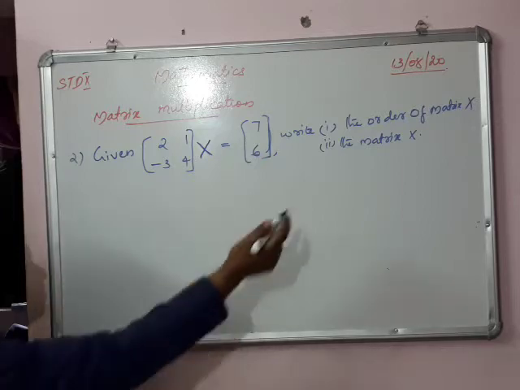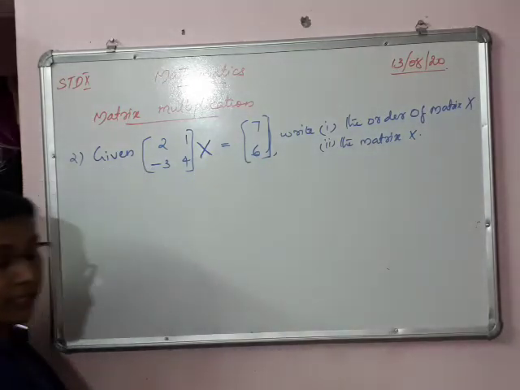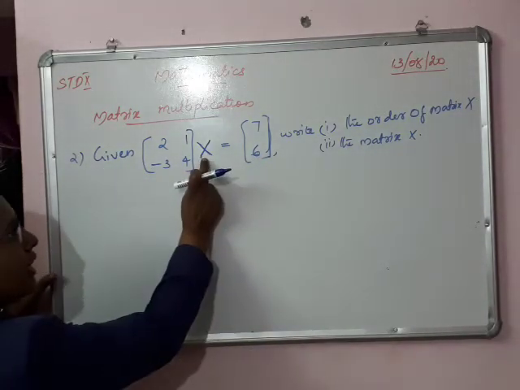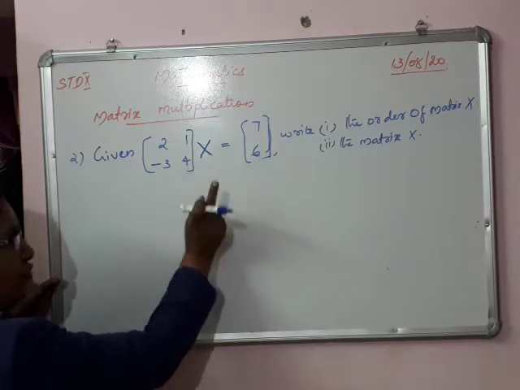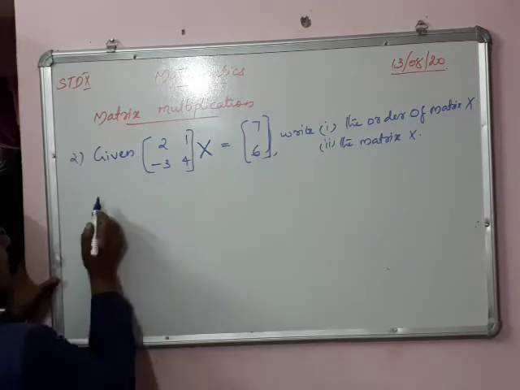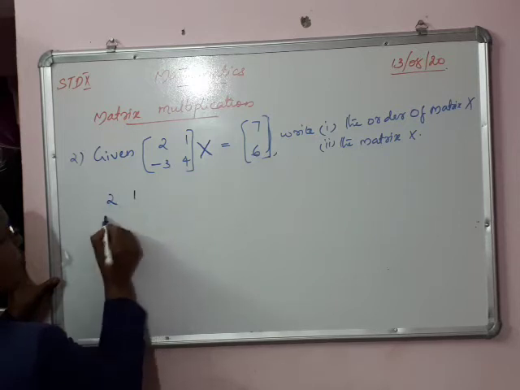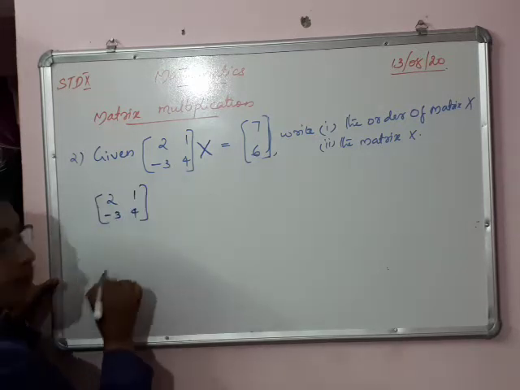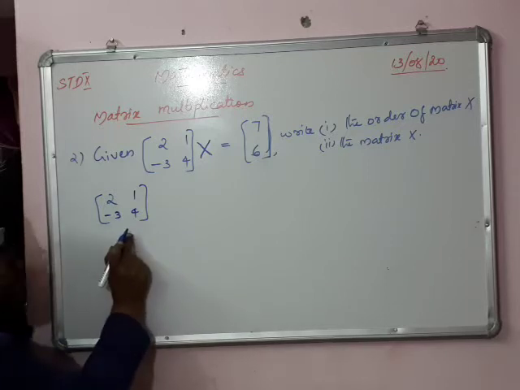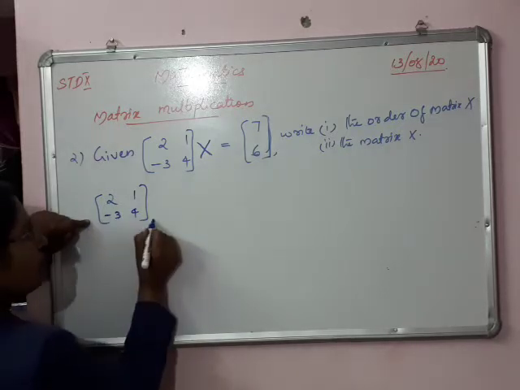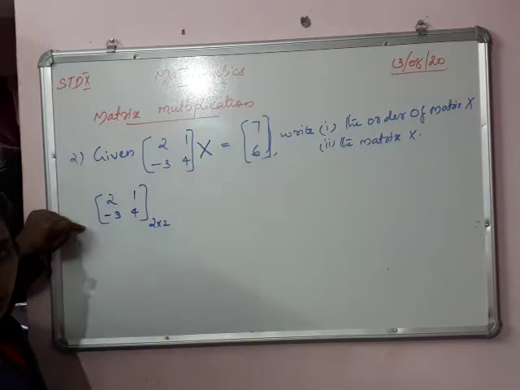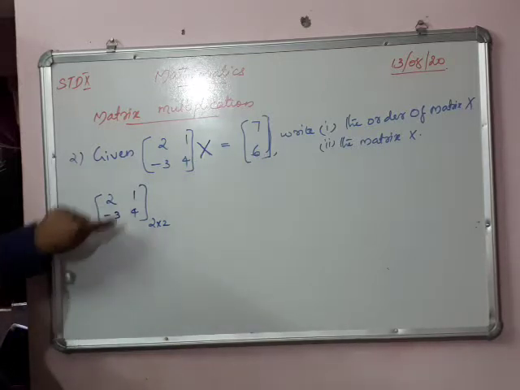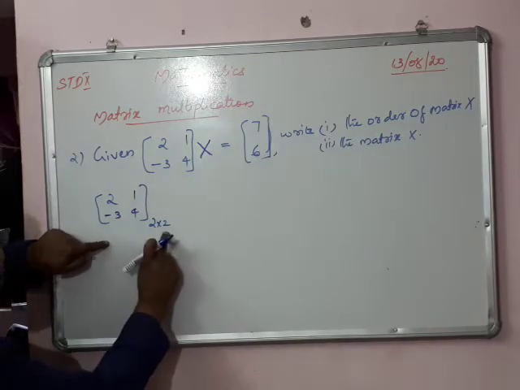The first part is to find the order of matrix X. First, listen: you are given 2, 1, minus 3, 4. That is a given matrix. What is the order of the given matrix? It has 2 rows and 2 columns, so it is a 2 by 2 matrix.